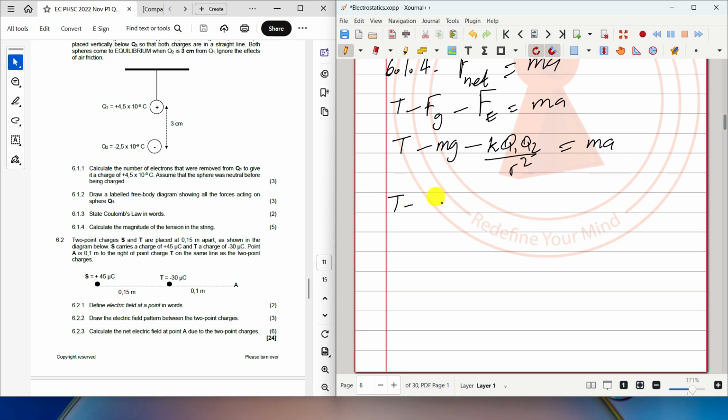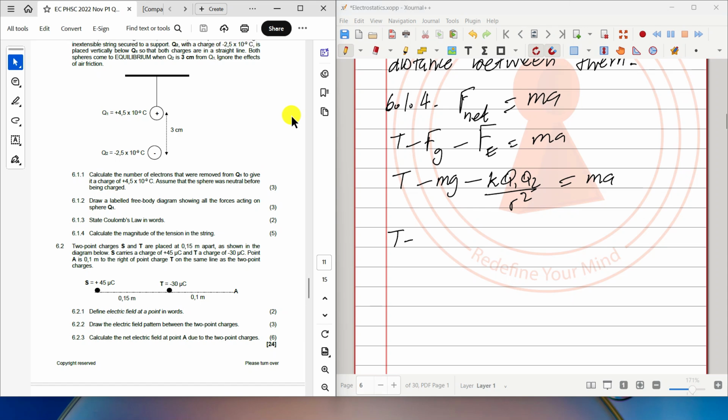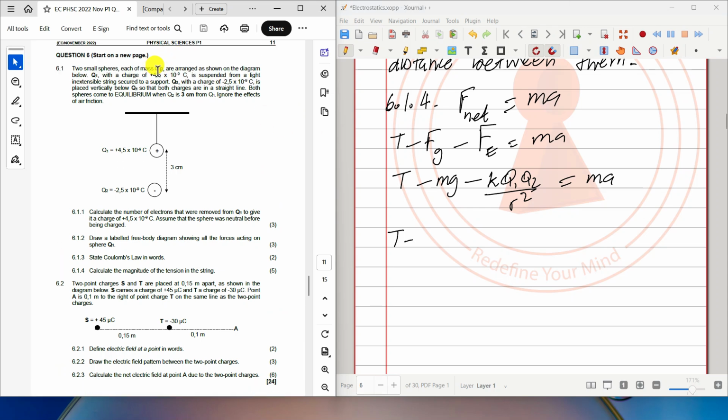So tension is a known. The mass of the object, if my memory serves me well, it was 5 grams. Let me check it out here. It was 5 grams. Do you see this? The mass of the sphere was 5 grams. So 5 divided by 1,000, it'll be 0.005, isn't it? And gravitational acceleration is 9.8, minus electrostatic, the constant is 9 times 10 to the 9.